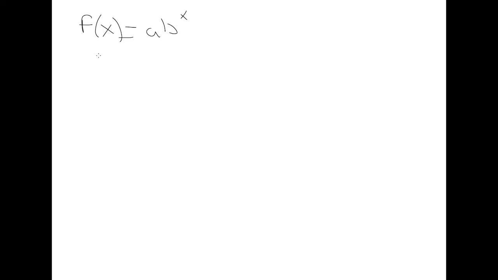Okay. And we also need to remember that exponential functions can be split into two types of groups, growth and decay. And growth is where b is more than 1, right? And decay is where b is less than 1 and greater than or equal to 0.